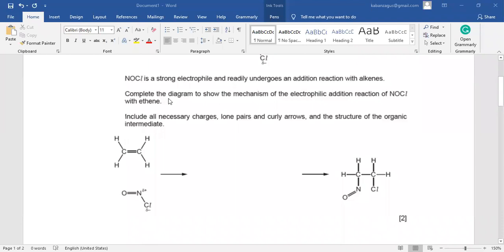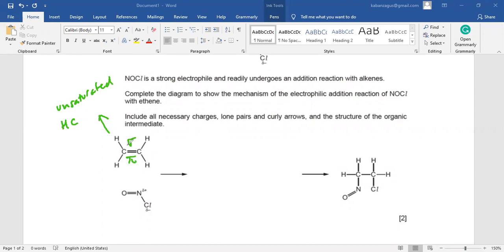So if you study this carefully, then you will be able to assign the dipole. And then if you look at the structure of ethene, ethene is an unsaturated hydrocarbon. So it has one sigma bond and one pi bond.